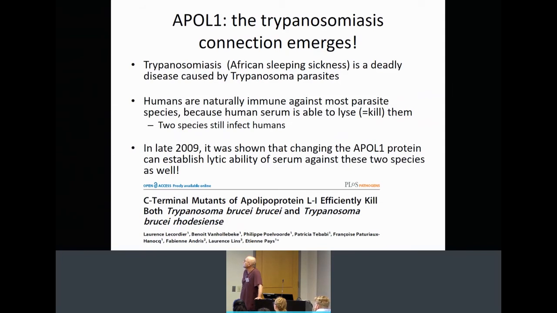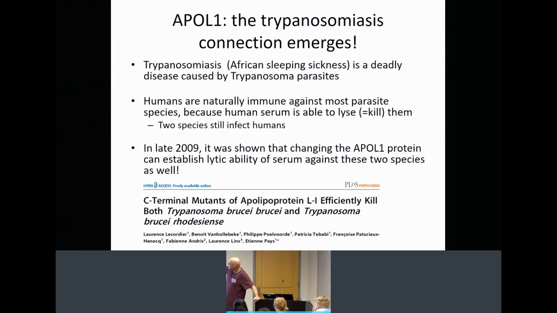Okay, so African sleeping sickness is traditionally, or evolutionarily, a big problem in Africa, and humans are naturally immune against most of the parasite species. So once you get infected, if you're not immune, you basically die from this not very nice disease.